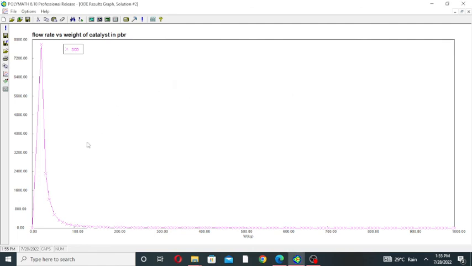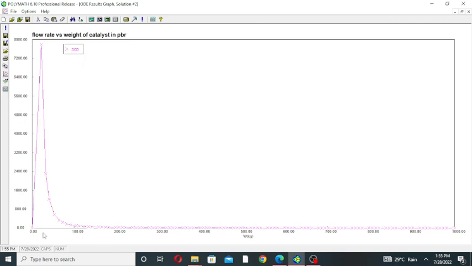Now you can see that this is the weight of catalyst and this is the selectivity. The selectivity is very high when the weight of catalyst is 40 or 50 kilogram. When the weight of catalyst is very small, or at the beginning, the selectivity of component C is very high with respect to component D.